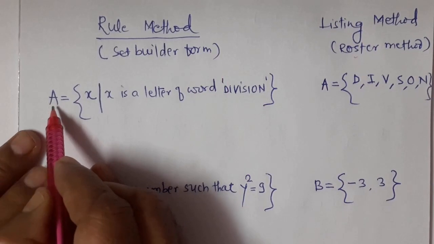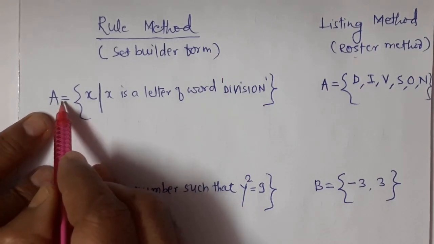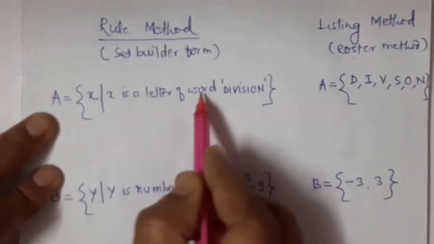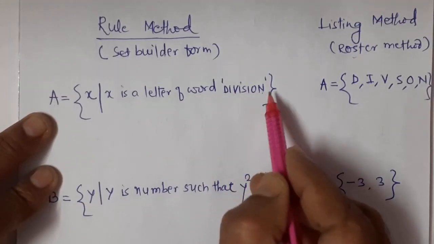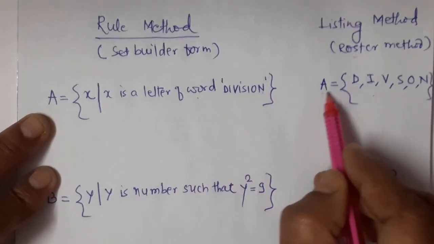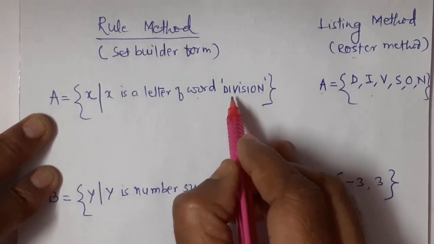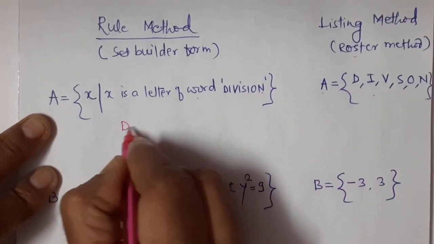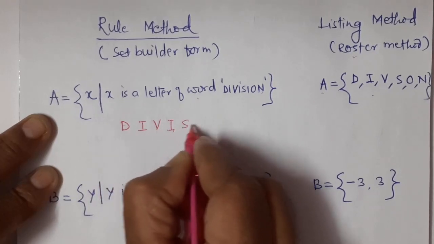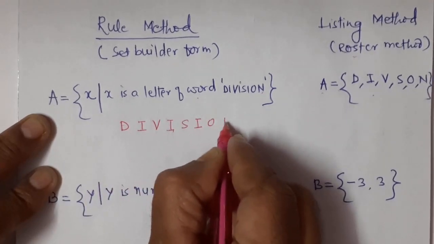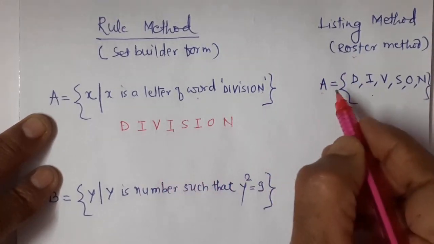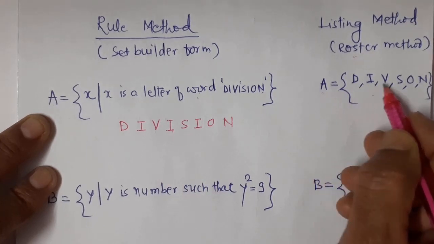So here the example is given: A is the set of x where x is a letter of the word division. How can that be written in roster method as A is equal to, no doubt this is the word D, I, V, I, S, I, O, N. But while writing in the listing method, you know that no alphabet or letter should be repeated.